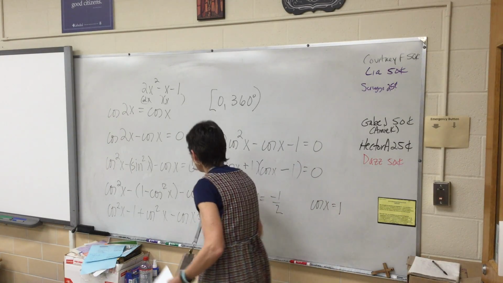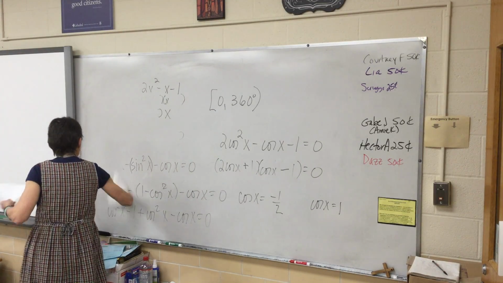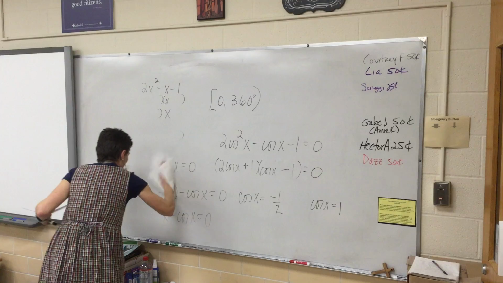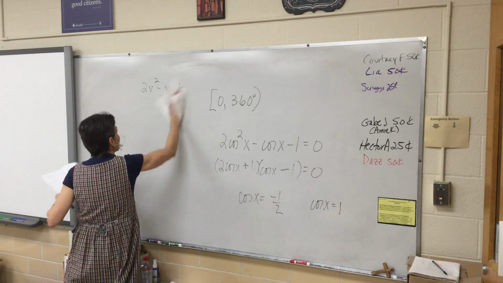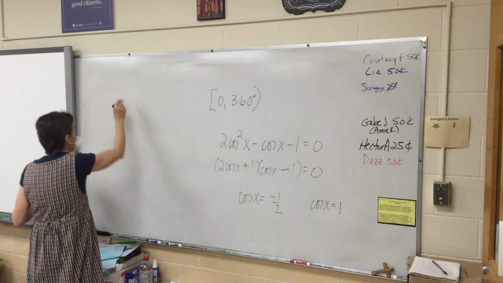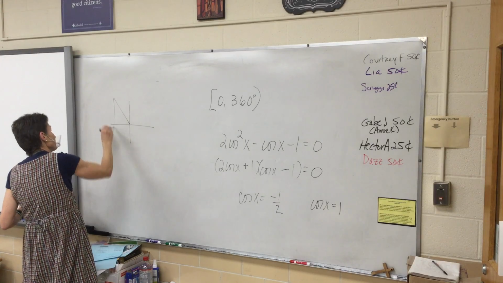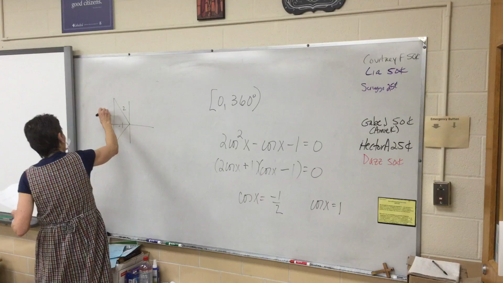Where does the cosine equal a negative number? 2 and 3. Because cosine is x, and that's where x is negative. So in quadrant 2 and 3, I have a cosine of negative 1/2.